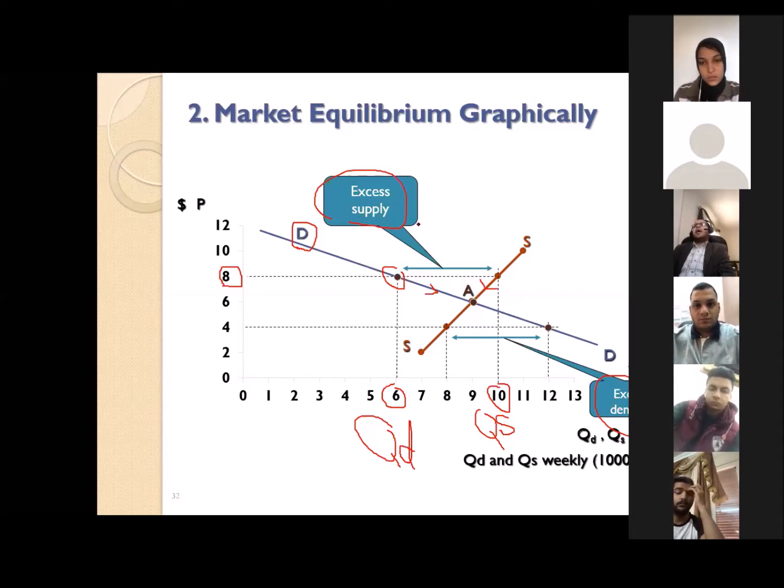So any excess supply will push prices down. Any excess demand will push prices up. Again, this is a very important technique for how we reach the equilibrium point, and a very important concept in economics. In any equilibrium, there is no shortage and no surplus.